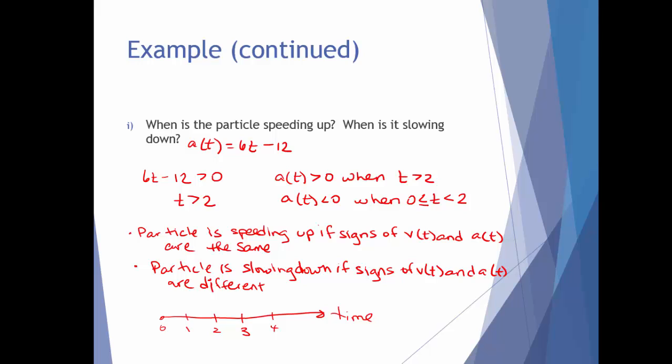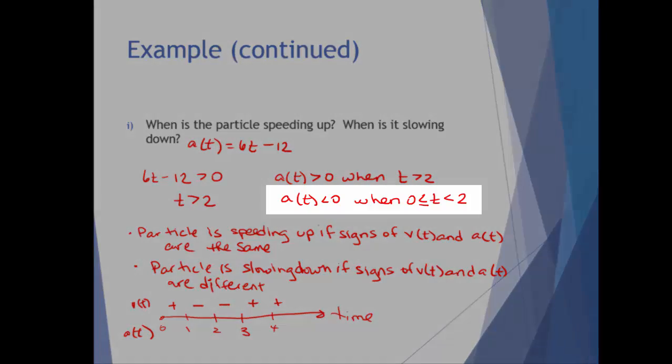So if you remember, for velocity, I'm just recapping what we had already done. Between 0 and 1 second, our velocity was positive. Then between 1 and 3 seconds, our velocity was negative. And then from 3 on, our velocity stayed positive. Acceleration, we have right here on this screen.